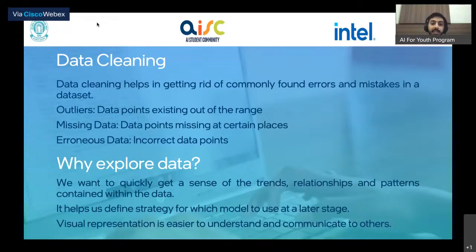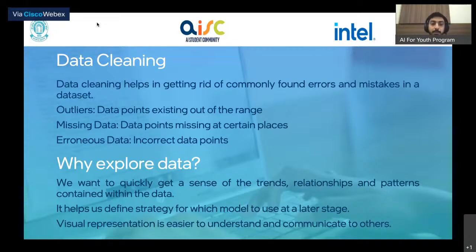And then we have outliers. Outliers are those data points which exist outside the range. For example, let's take the instance of marks. Normally marks range from 0 to 100, or 0 to 50, for instance, depending upon the type of exam.